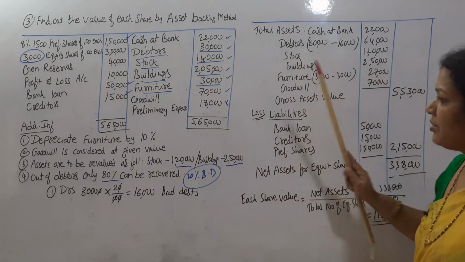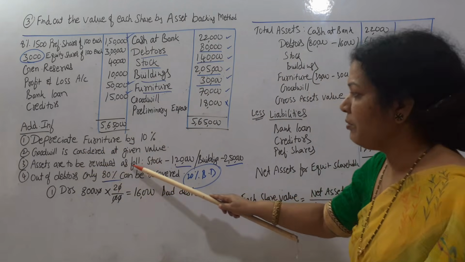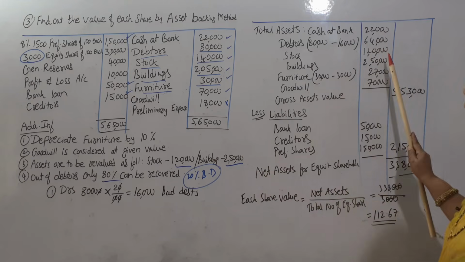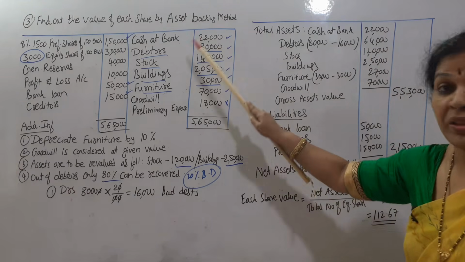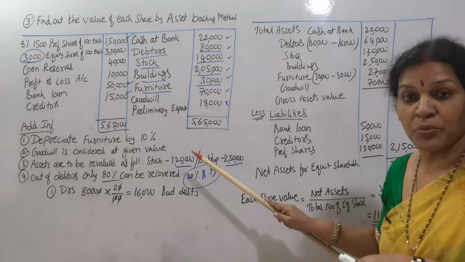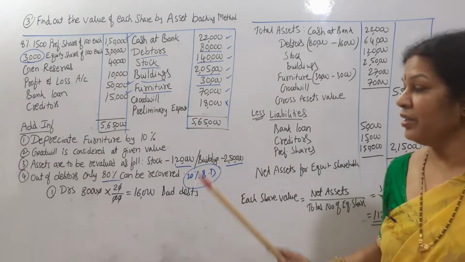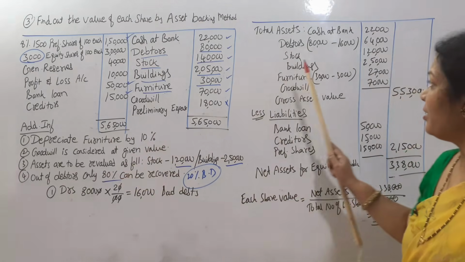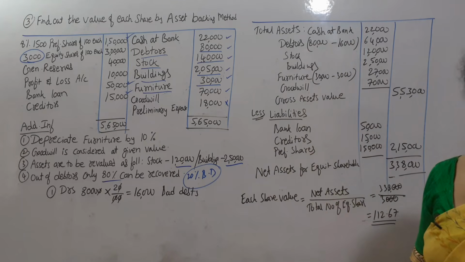And assets are to be revalued. Stock 1,20,000 we have taken, and building 2,50,000. We have ignored the values given in the balance sheet because they are asking us to follow these amounts only. There is 20% of bad debts deducted from the debtors. That's all.